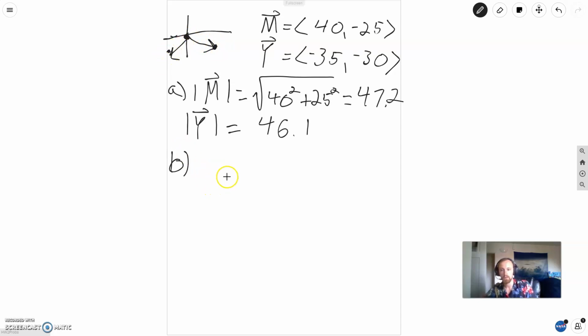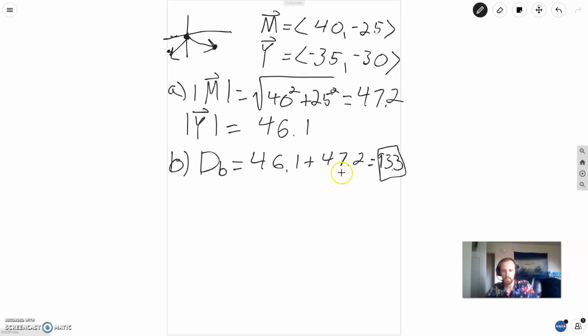So really, the total distance, we'll call it dB for part B, equals these two added up. 46.1 plus 47.2. It's going to equal 93.3.